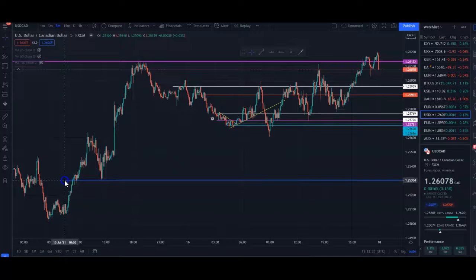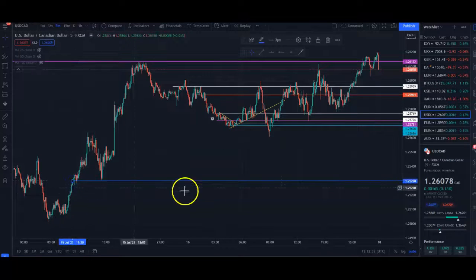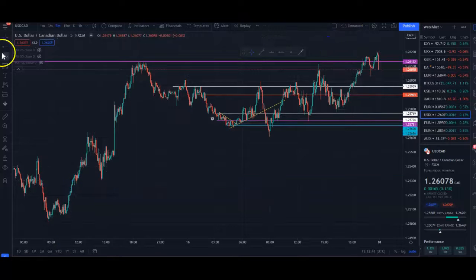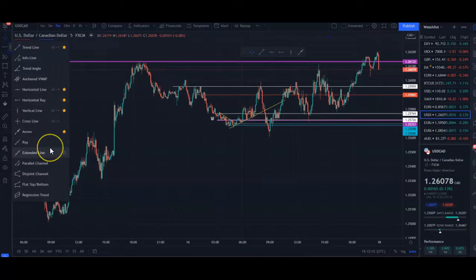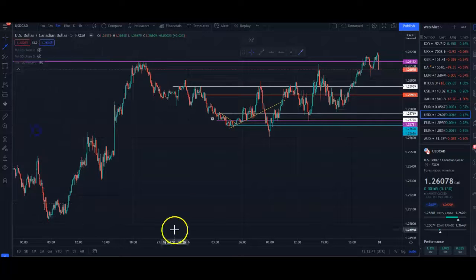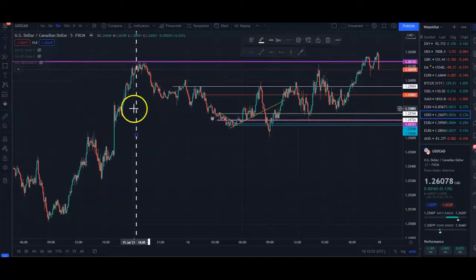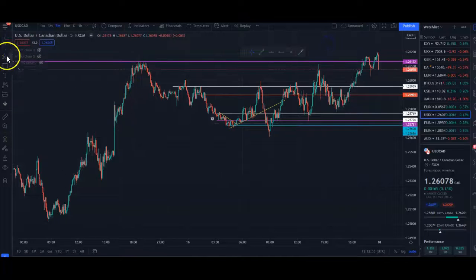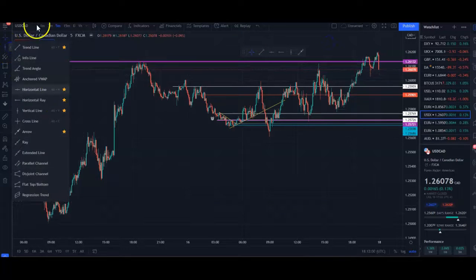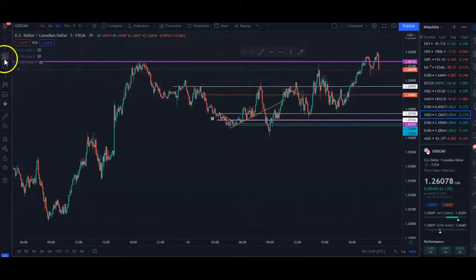So if you want price to be here, it's going to go from there to the right. If that makes sense, guys, drop some comments in the chat. And then we got the arrow, the vertical up and down line. All you have to do is click this little arrow over and you'll see all the drawing tools you have to use.